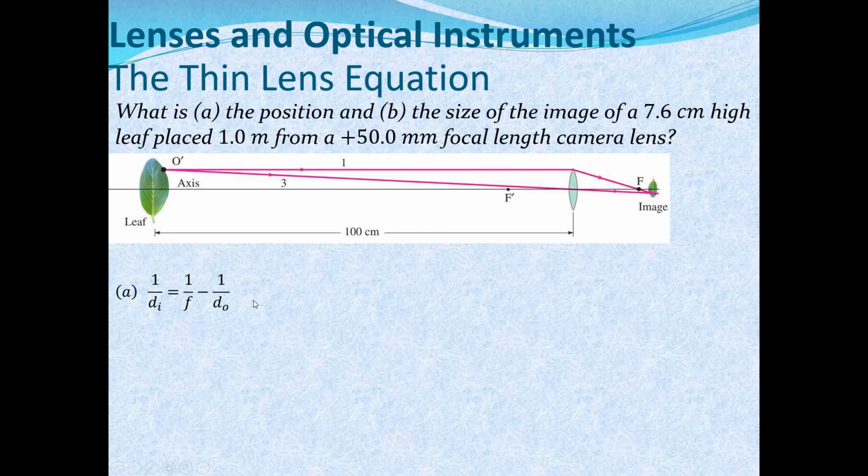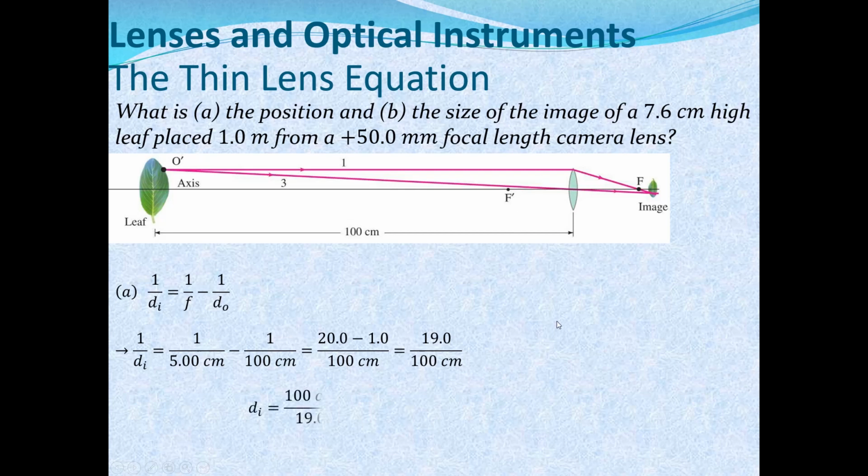So we'll use our mirror equation or the lens equation, whatever you want to call it. Plug our numbers in. What we are going to want to do is just make sure that they all have the same unit. So convert this into 5 centimeters, this into 100 centimeters. When we do that, we end up getting that the image distance is 5.26 centimeters. So it's going to be very close to this lens.